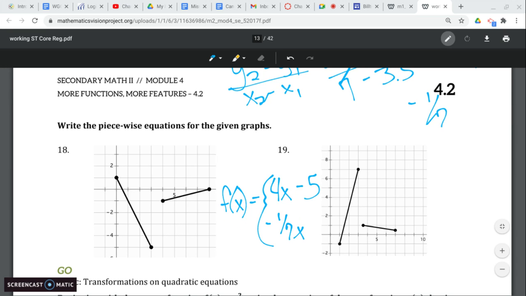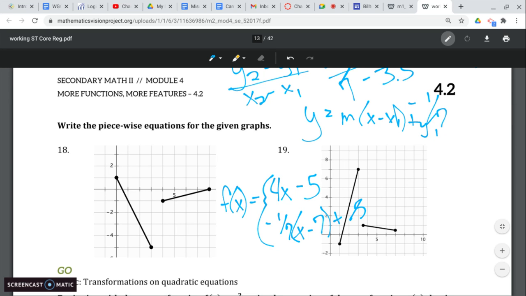So remember, point slope, or one version of it, is y equals m times x minus x1 plus y1. So put a parenthesis here. Use our x value of 7, so -1/7 x minus 7 plus 0.5.